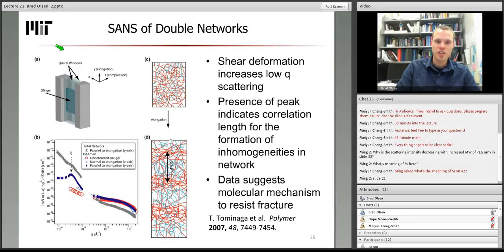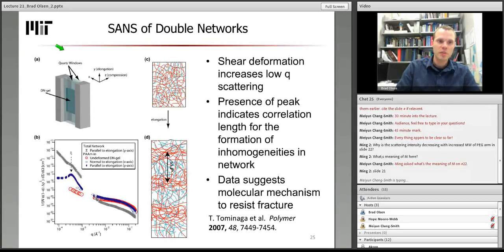And then they shear the two quartz windows past one another. The reason they do this type of experiment is to try to minimize the formation of fractures or cavitation within the hydrogel material during deformation, because these sort of fractures or cavitation would be strongly scattering to neutrons, essentially the contrast between the gel and air or vacuum in the material system.